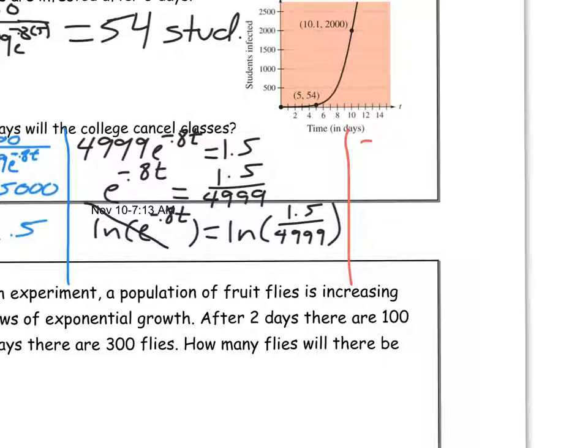Negative 0.8 times t. That left side is looking much better. ln of 1.5 over 4,999. You know, probably at the end of the day, a little decimal. That would be my guess.